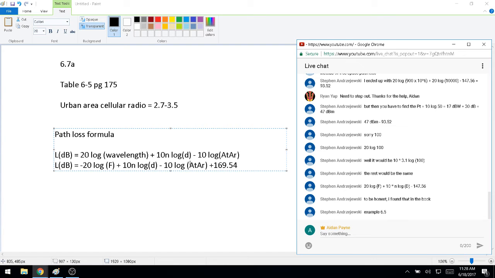I'm just looking at this and I want to make sure that I'm doing this correctly, or if I made a mistake with using the first bit. 20 log 900. Because I might have made it too confusing by showing the general formula that we don't actually need for this problem. So let me make sure.